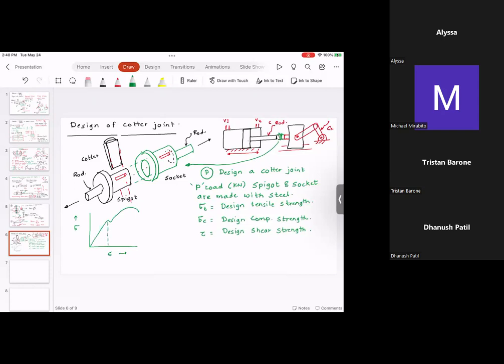This region is the elastic region, where stress is proportional to strain. After the elastic region, this is called the plastic region, and this is the point where the material fails.